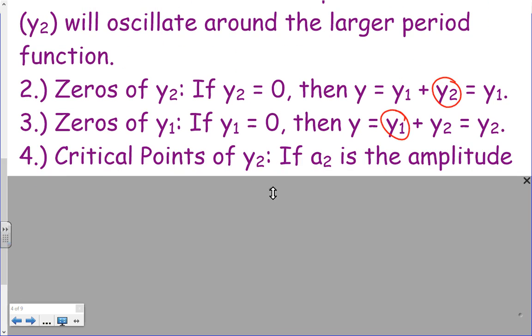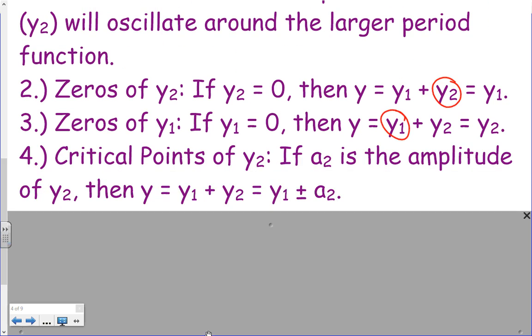Now let's look at the critical points. Critical points of y2, the critical points of your smaller period function. If a2 is the amplitude of y2, which in our case, the amplitude of that smaller period function is 1, but it doesn't always have to be 1. It could have been 2 or 3 or whatever. In this problem, we're making it equal to 1.